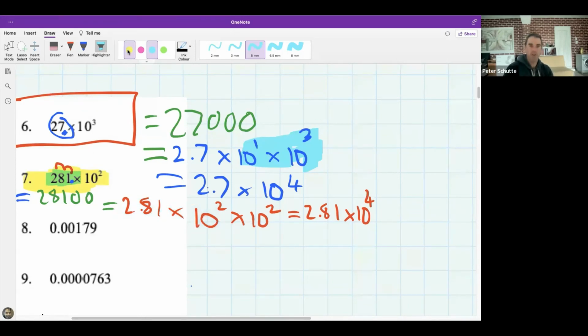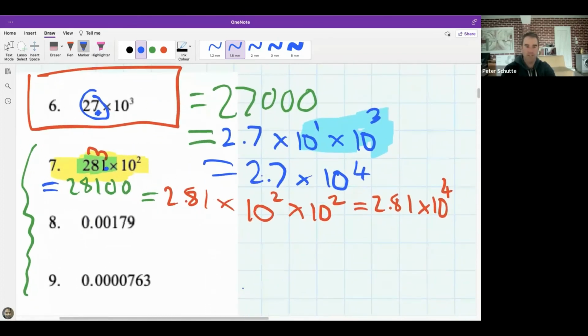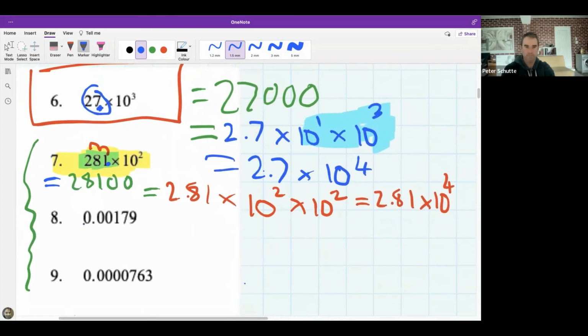All right, last question for now, because I need to explain some stuff to you about the quiz. Let's finish today with our questions with question 8. And I want you to write question 8 in scientific notation. Let's see if you can do that.